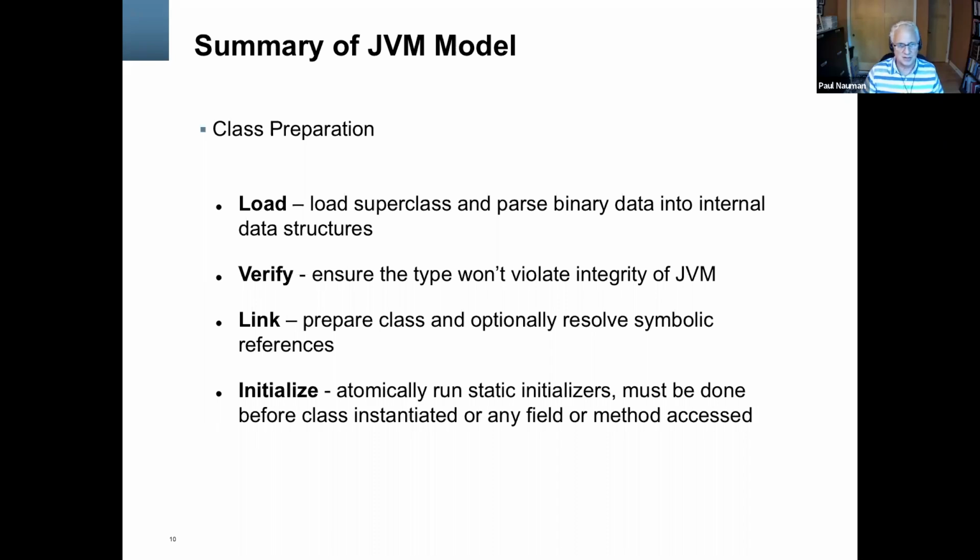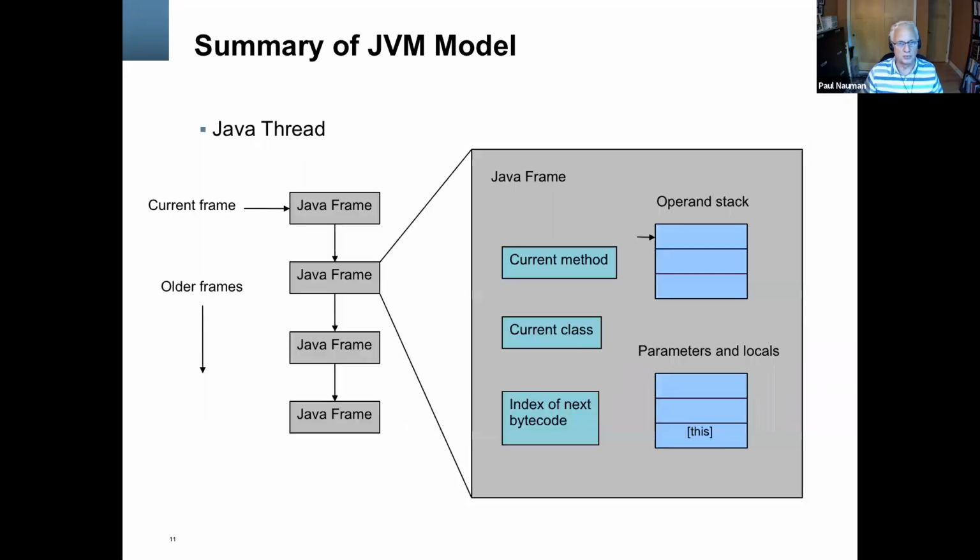So what does this look like when we're actually running a Java method? Because Java is all about methods, right? The method is the unit of execution, and so we want to make sure that we know how that works. Here's a diagram that shows how a Java thread is broken down. A thread is basically an ordered list of Java frames, and each frame contains the information that's shown there in the blowout.